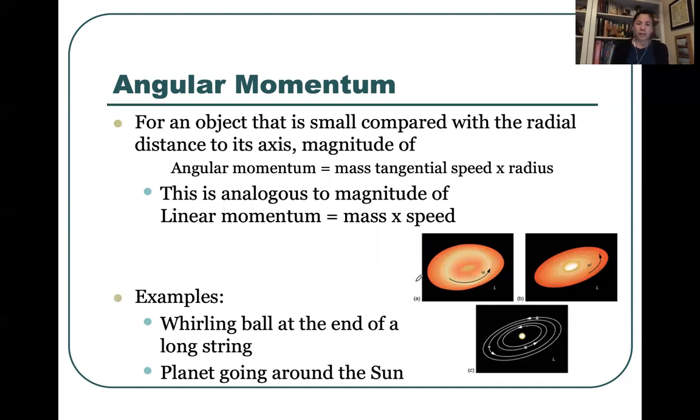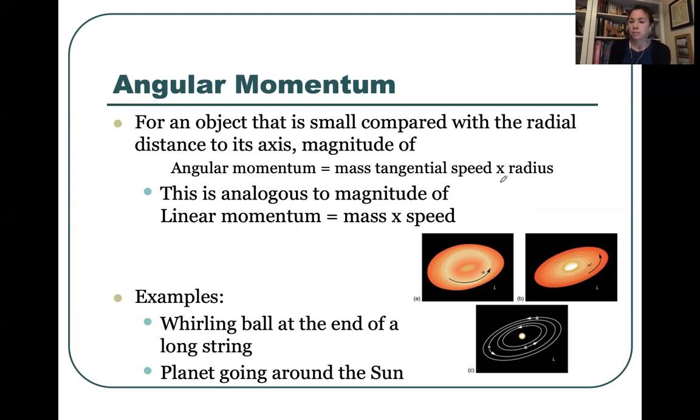If we're considering an object that is small compared with the radial distance to its axis, we can actually switch this up. So this is mass times the tangential speed.